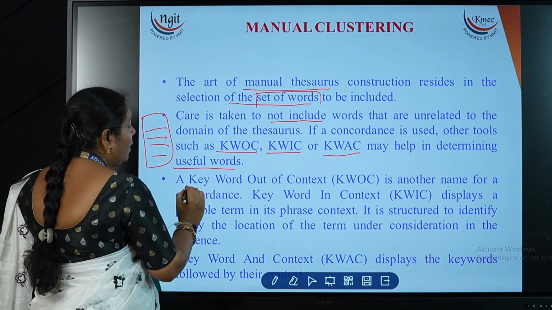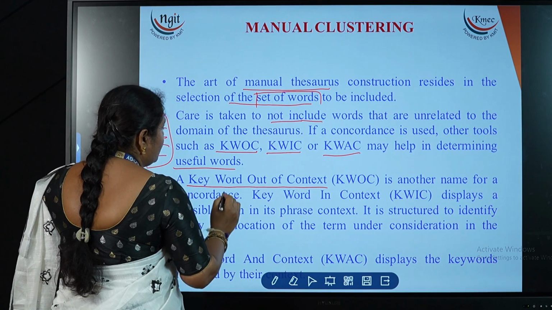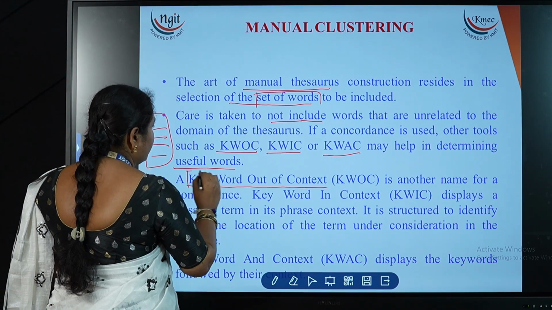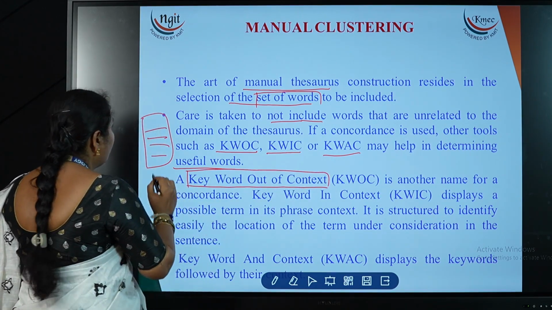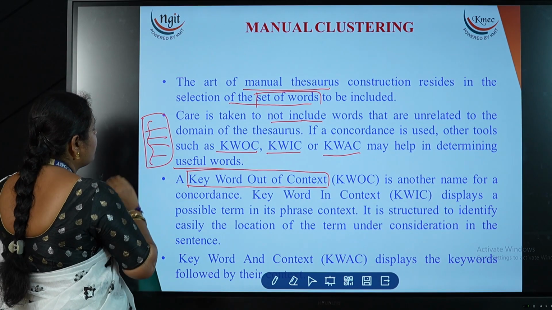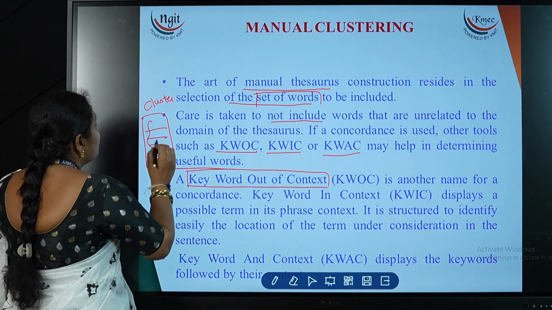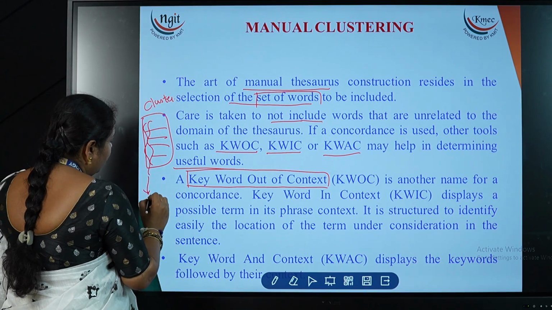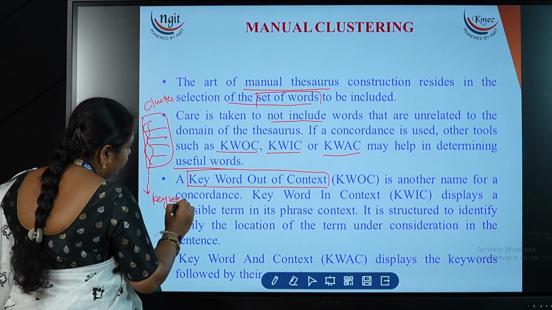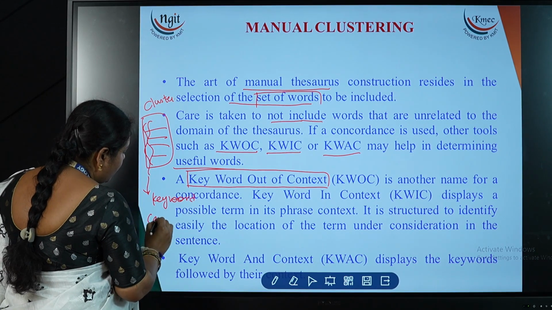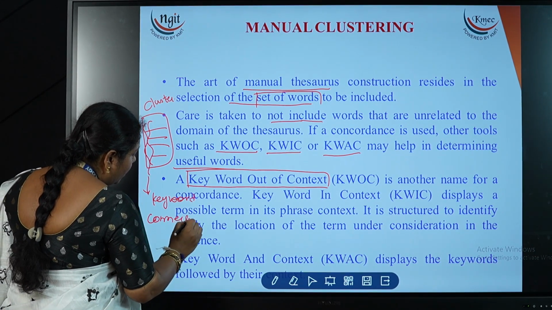So what is meant by KWOC? Keyword out of context. When we are writing all these elements as a cluster, in this particular cluster we'll find one keyword. For example, connect is our keyword.